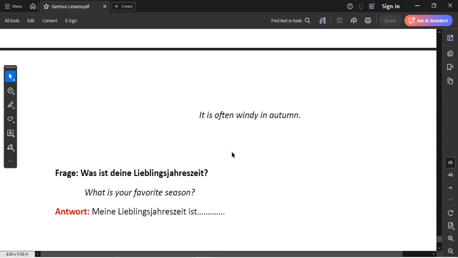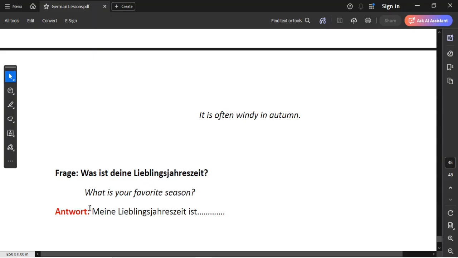Now, having looked at the 4 seasons and some of the examples, I have here the Frage for you, and the Antwort, please write the Antwort in the comment section. And the Frage is, was ist deine Lieblingsjahreszeit? So what is your favorite season?